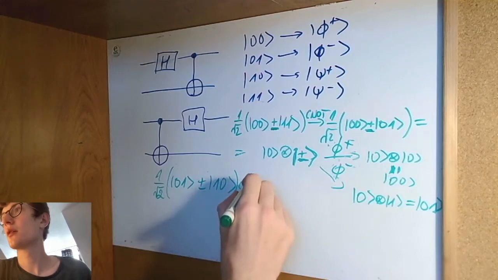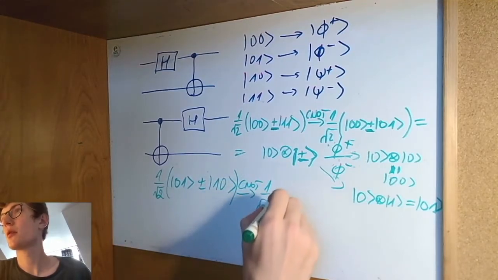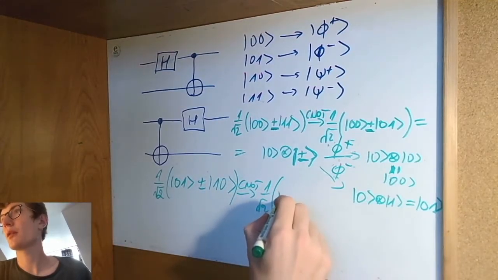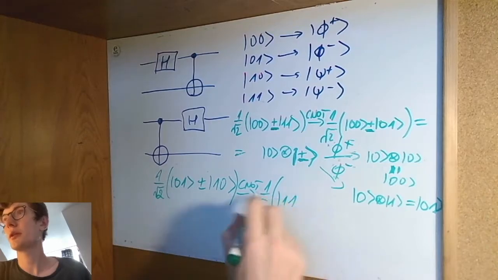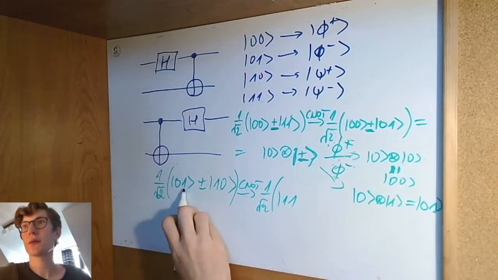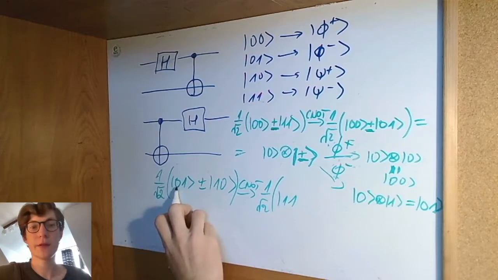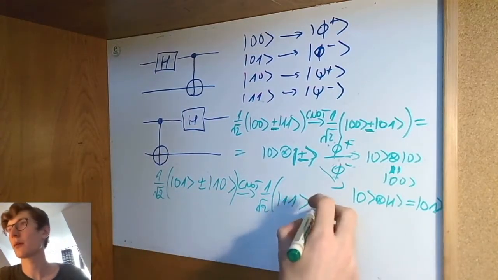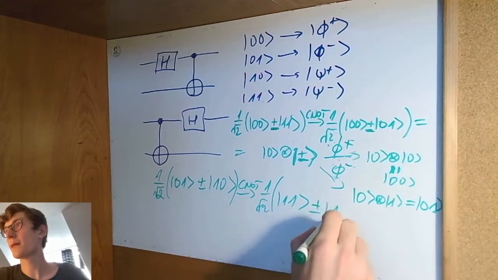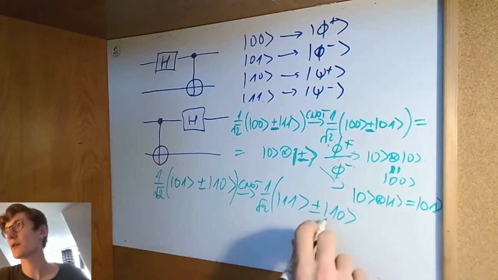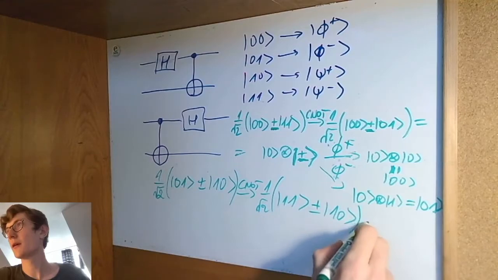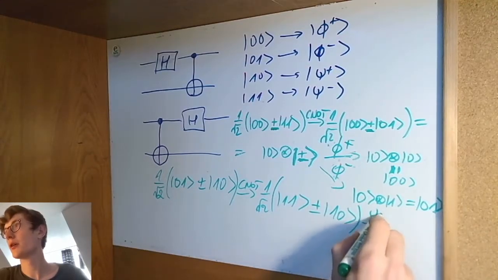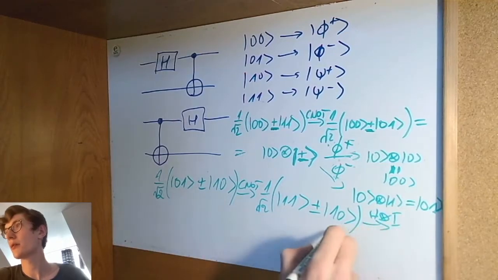C naught transforms it to 1, 1, yes, because the first qubit is 1 here, so it bit flips the second one. And here it is 0, so it does nothing to the second one. So it remains 1, 0. Nothing's changed here. And then we apply Hadamard times identity, right?